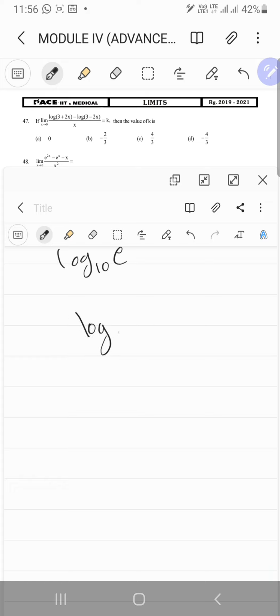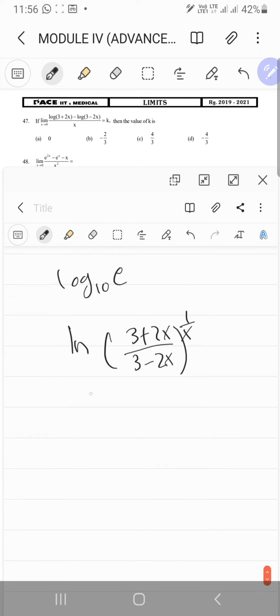I think by log they mean natural log. I don't know. So just write natural log instead. This is the limit when x approaches 0. Okay, fine. Can we kind of, yeah, we can do that.